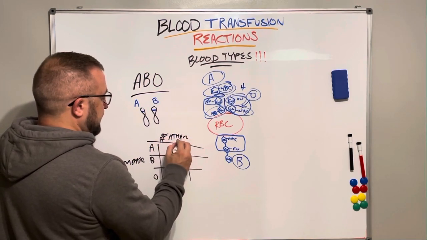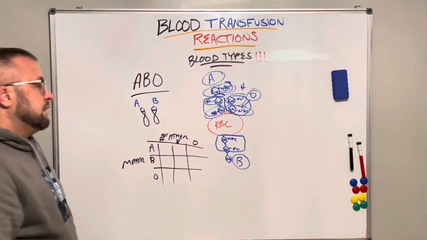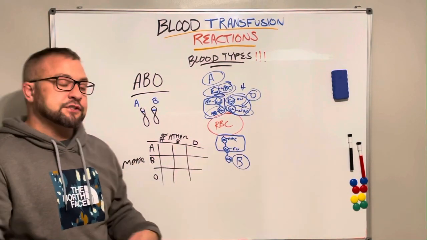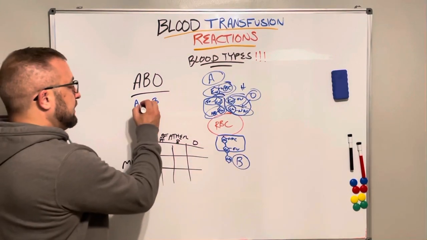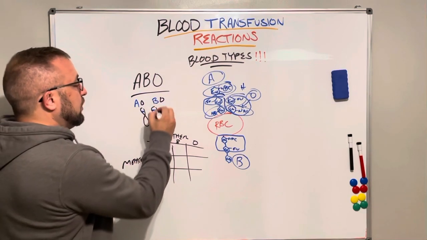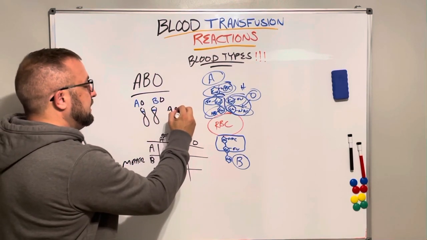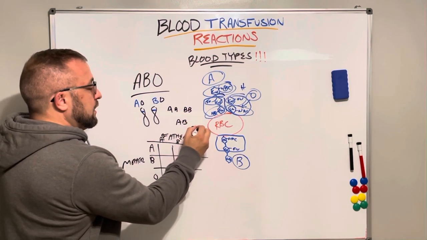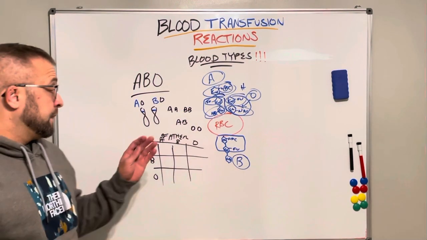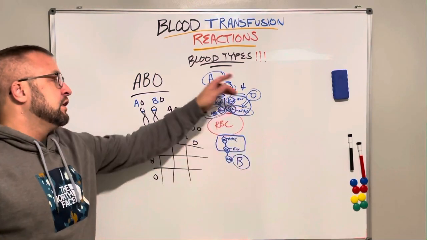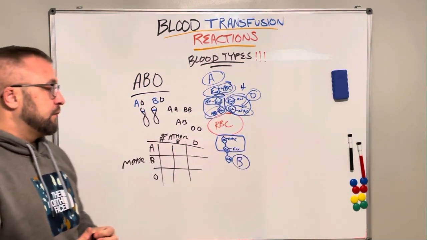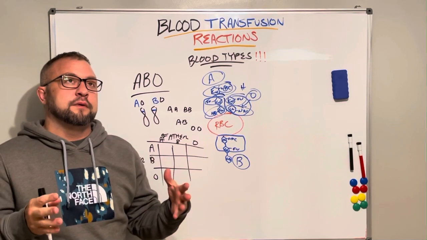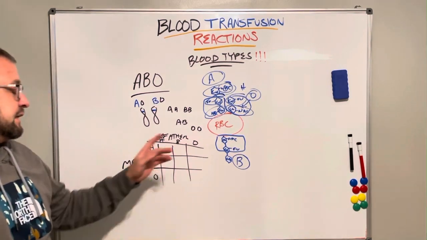So we'll draw our A, our B, and our O here. So there's a chance you can get any combination of this. You could have AO blood type, or BO blood type, or AA, or BB, or AB blood types, or OO, which is the only way you'll get O, as far as an antigen or sugar that's attached to the red blood cell for your immune system to potentially recognize as foreign.